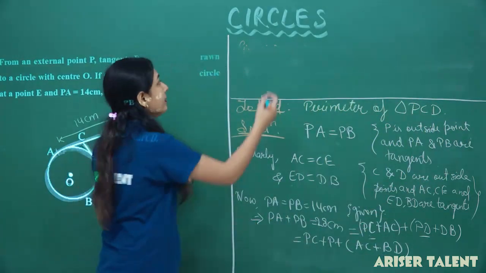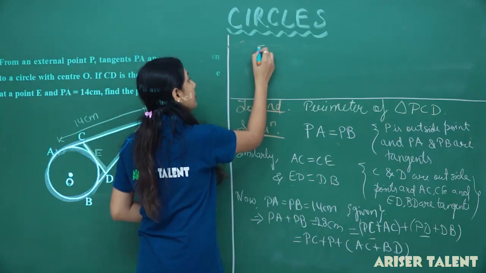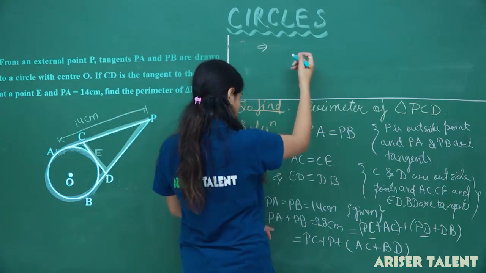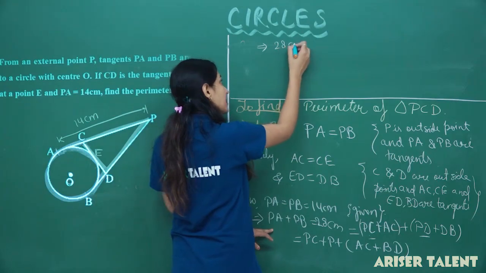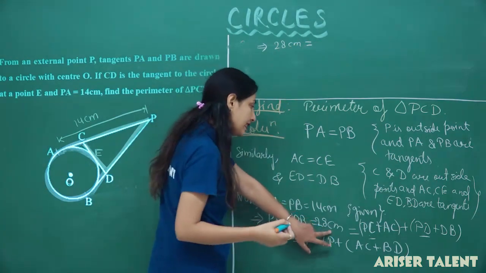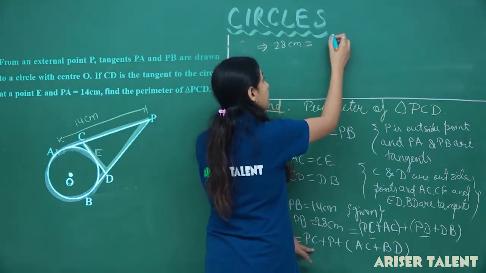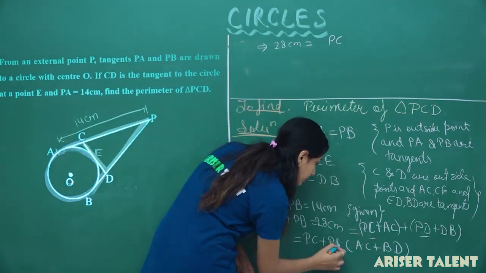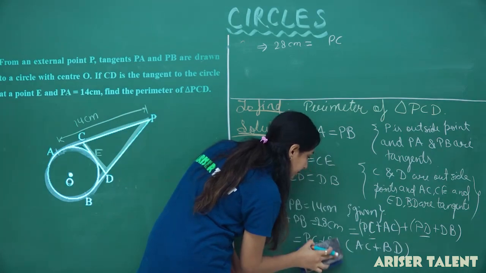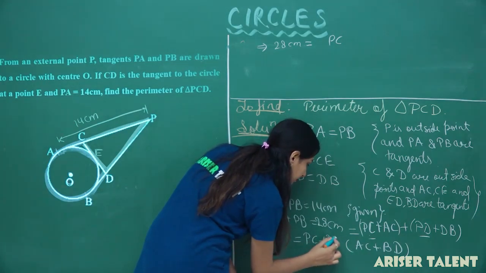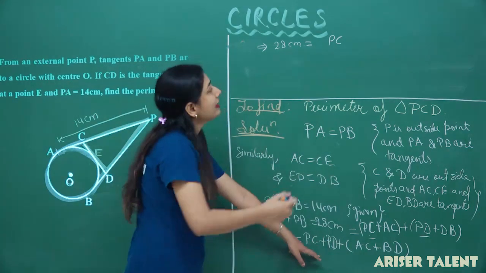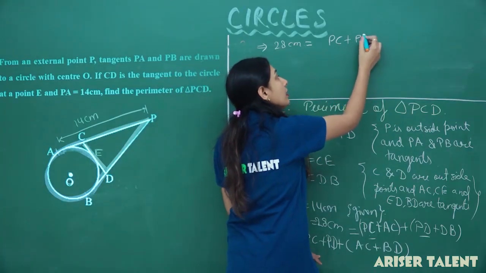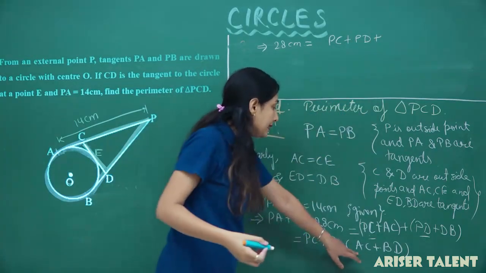Okay. So I can write this implies that 28 centimeter equals to PC plus PD plus CA.